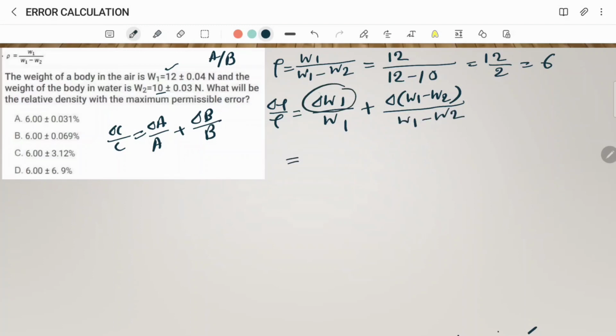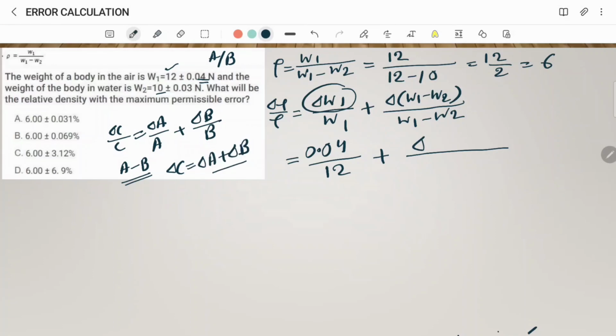The error in the measurement of W1 is 0.04. We also know that if quantities are connected to each other through an addition or subtraction sign, then the error in the measurement becomes delta A plus delta B. So here W1 and W2 are connected through a subtraction sign.